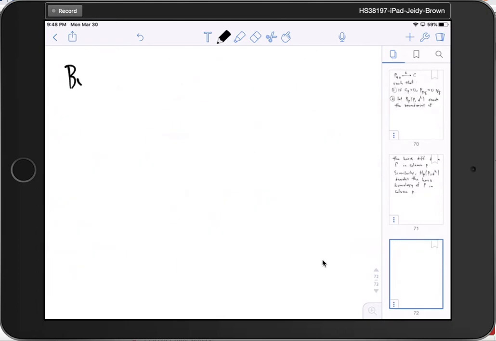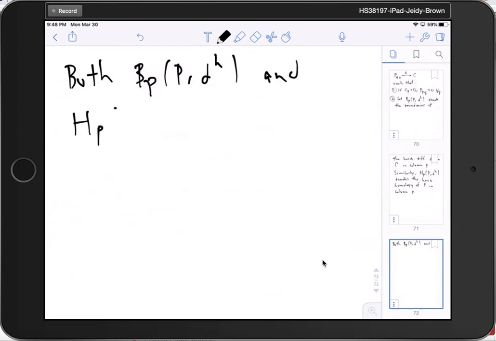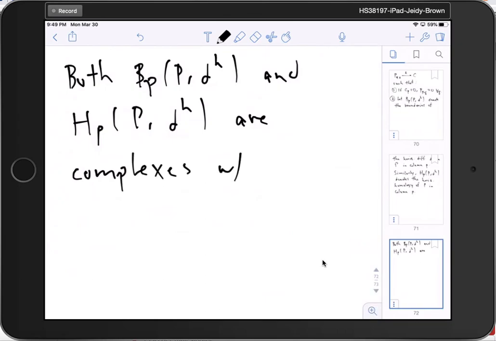So notice both B_p(P, d^h) and H_p(P, d^h) are complexes with differential d^v. It's induced by d^v, the vertical differential on the bicomplex.